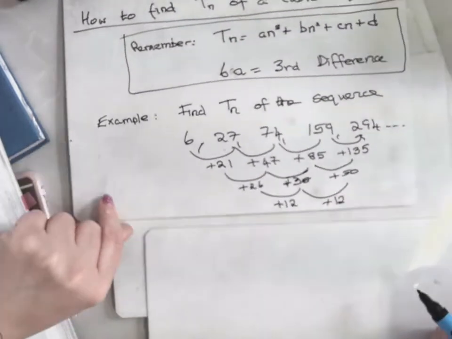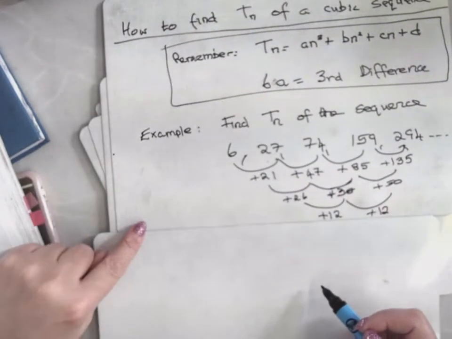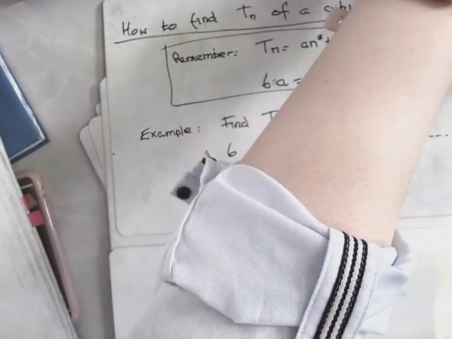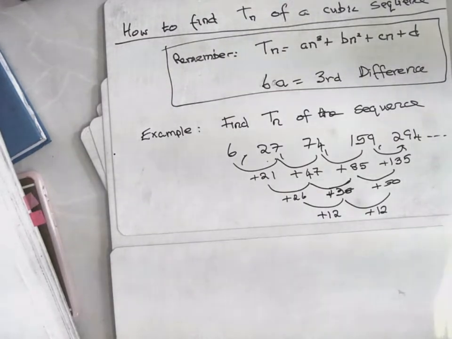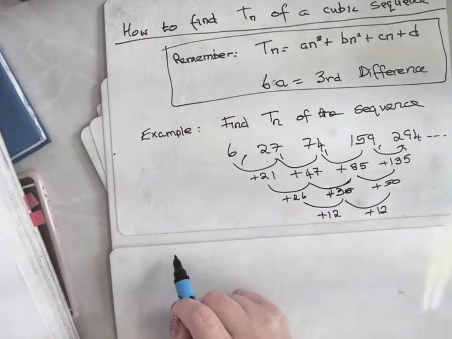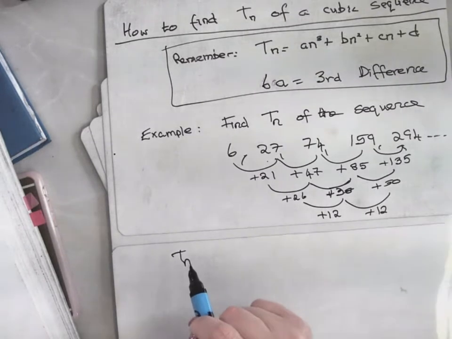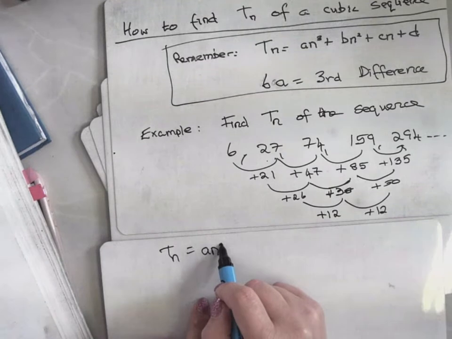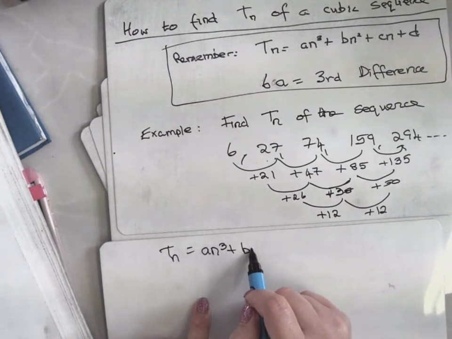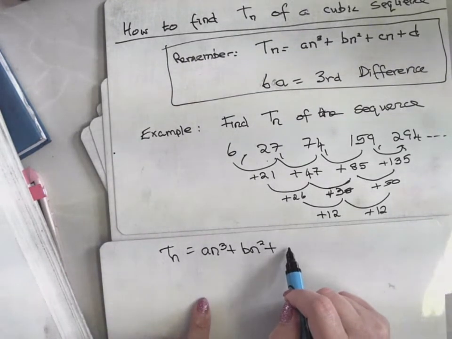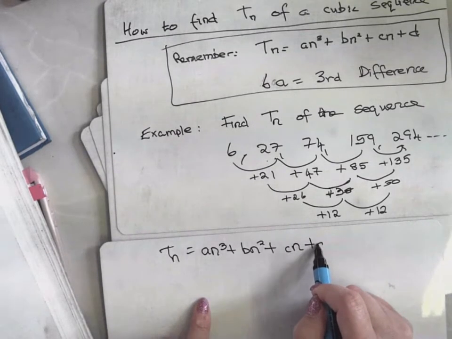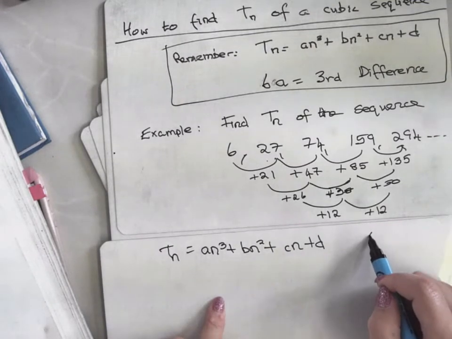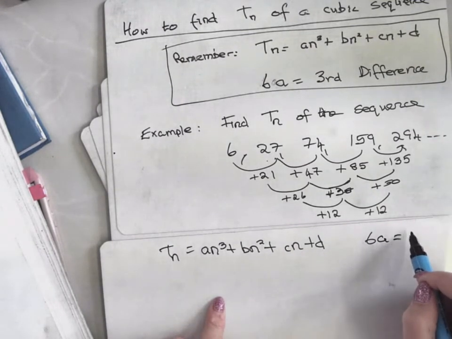The two things we know about a cubic equation are that Tn is equal to an cubed plus bn squared plus cn plus d. And the second thing we know is 6 times a is equal to the third difference, which is 12.